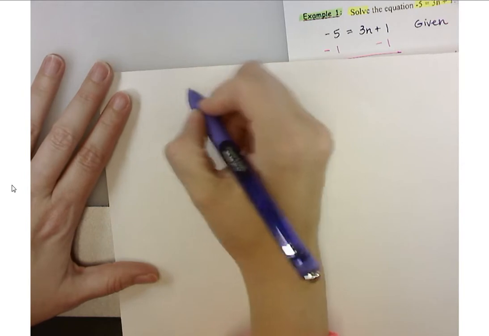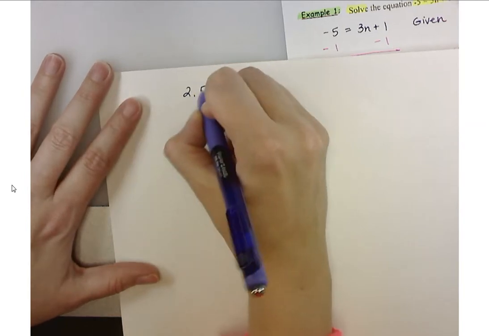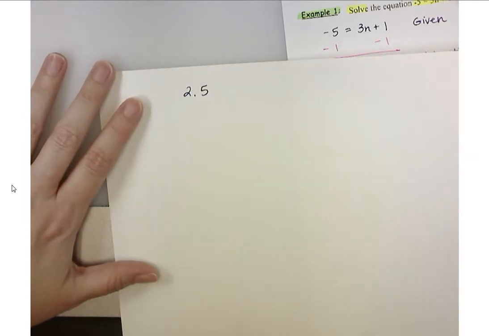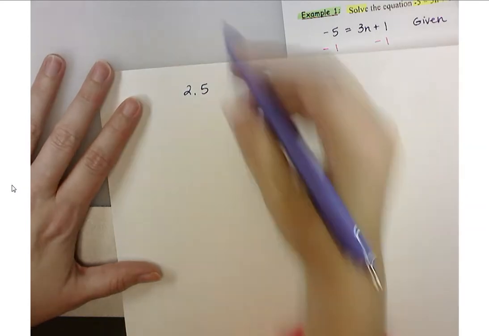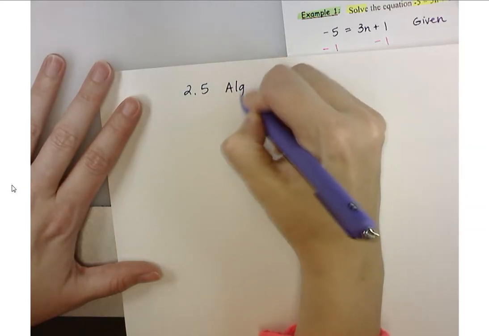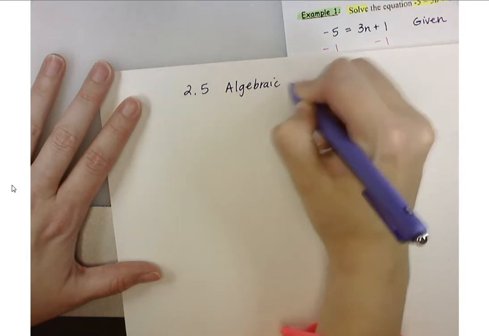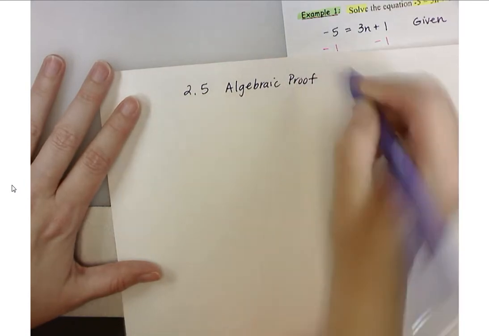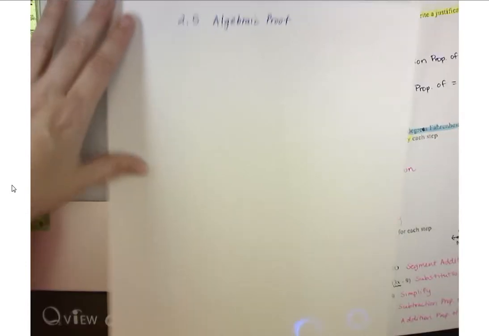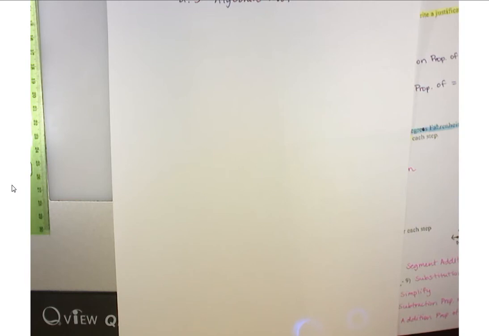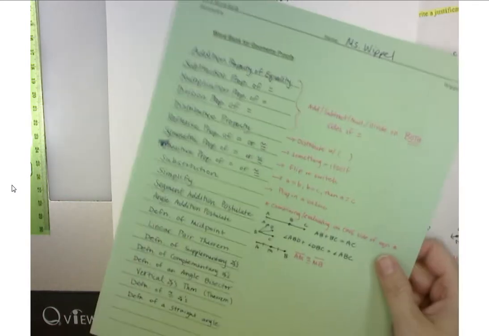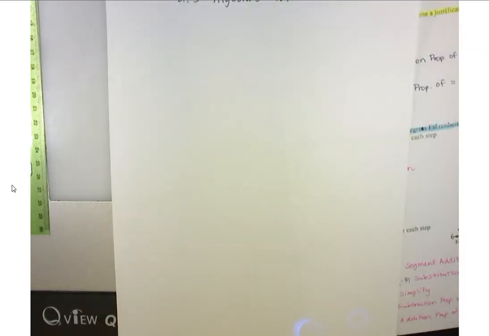Okay, so 2.5. You guys have the title at the top, which is algebraic proof. And then this is going to go on the right side of your notebook. We are not going to put in the Chapter 2 word bank. Okay, so I want you to keep that outside in your folder. That way you can use it easily as we add to it.